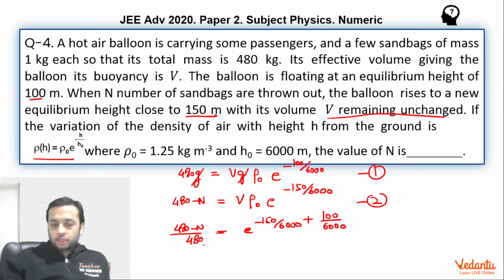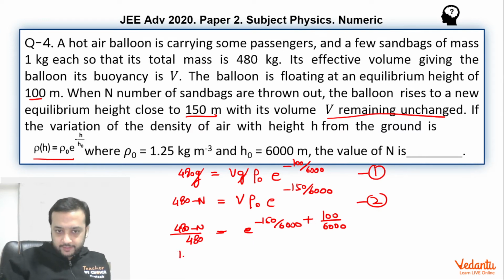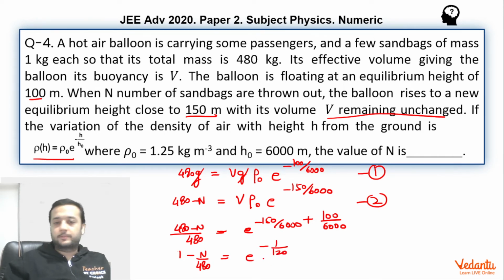So what do we get over here? We can write 1 minus n upon 480 is equal to e to the power minus 50 upon 6000, which we can write as e to the power minus 1 upon 120.